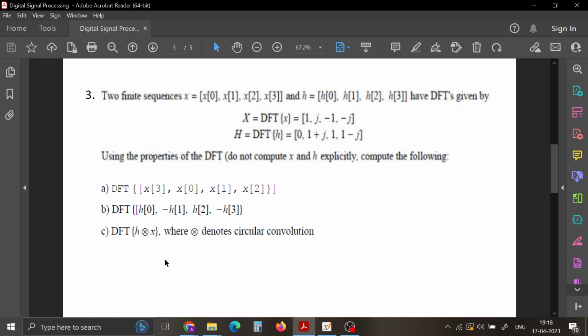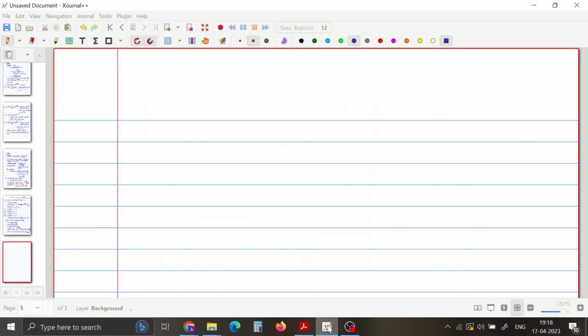It is the properties of the DFT which make our life easier. Just by simply using the known properties, we can answer within 1 or 2 lines. So here also we'll try to do the same.